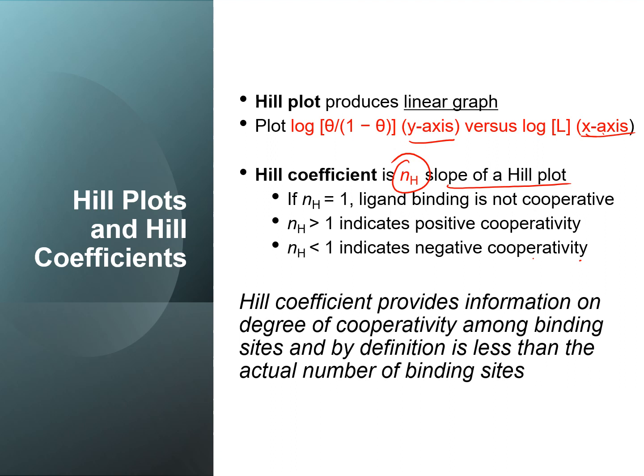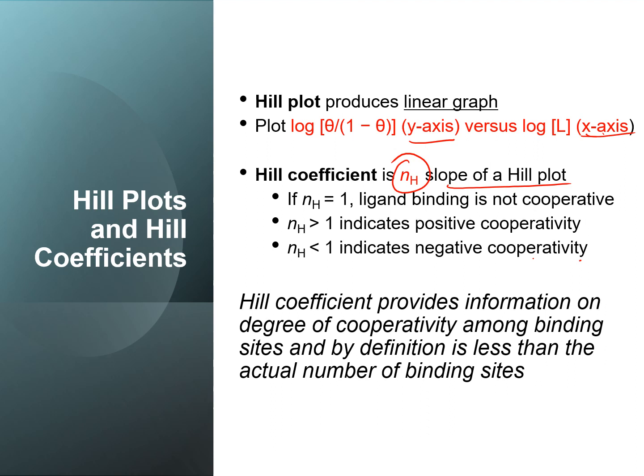If NH is greater than 1, as we've seen with hemoglobin, we have positive cooperativity. And if NH is less than 1, we actually have negative cooperativity. That means that the binding of a ligand reduces the affinity of other sites for binding the ligand. This is rare, but not unheard of.